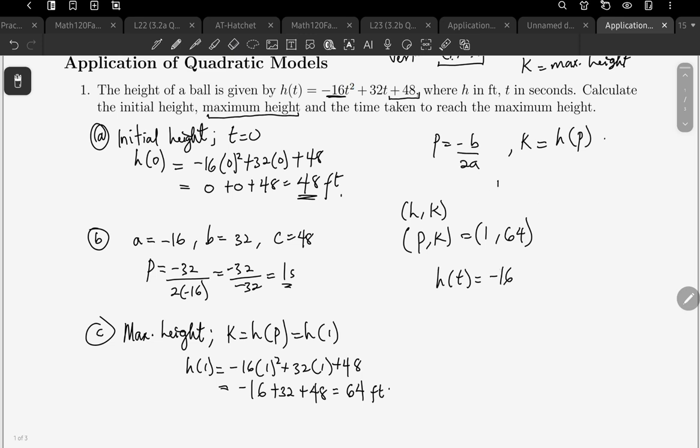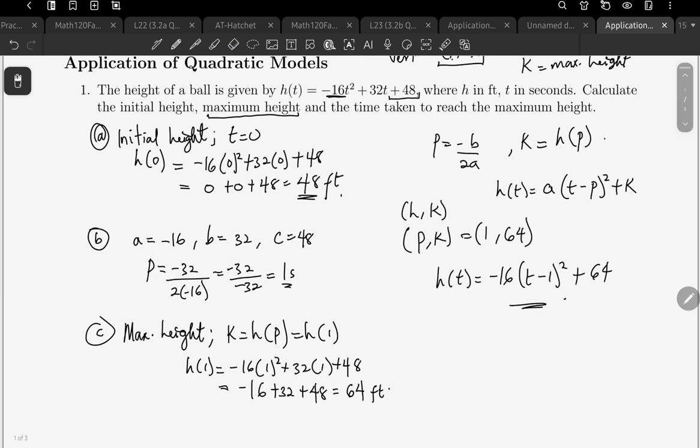We know the vertex form is A times T minus P squared plus K. So in this case, since P is 1, that'll be T minus 1 squared plus K, and K here is 64. So the maximum height is 64 feet, and the time taken to reach the maximum height is 1 second.